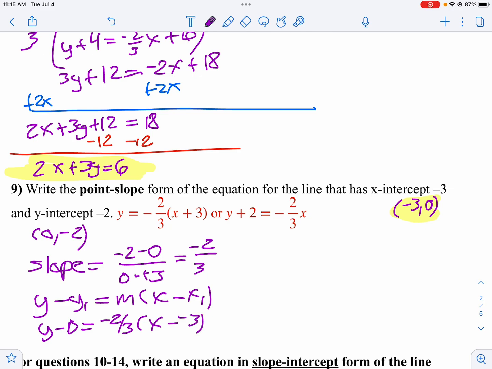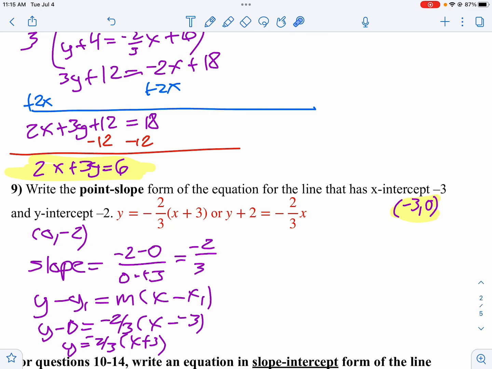I'll simplify that a tad. I'll just say y equals negative 2/3 times x plus 3. Don't distribute the negative 2/3, because if you do that, you would actually put it into slope-intercept form, and I didn't ask for that. I asked for point-slope form.